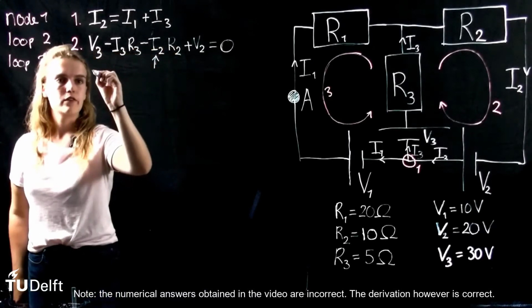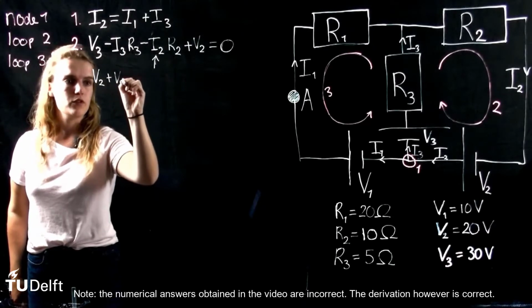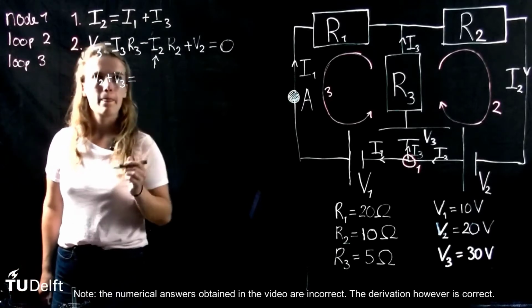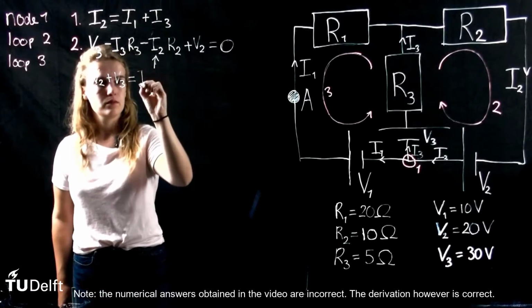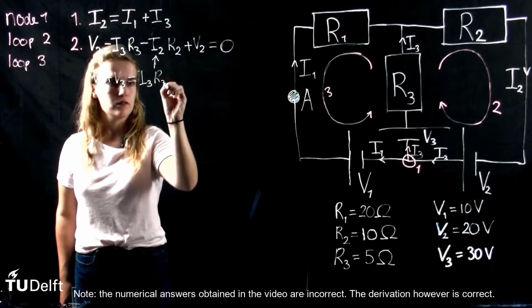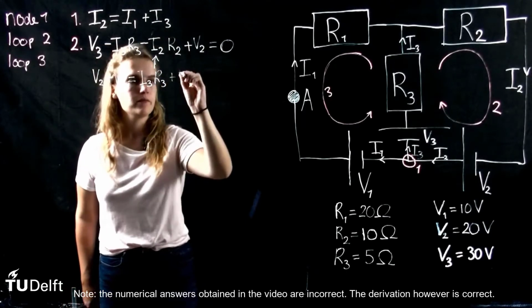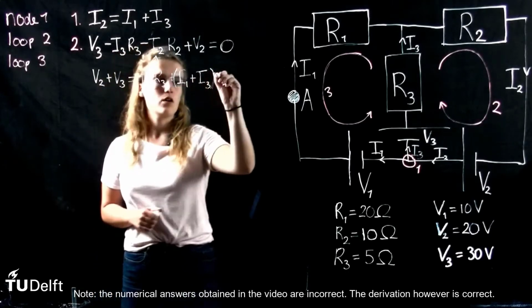So first we have V2 plus V3. And this is then equal to I3 times R3 plus I2, where we fill in I1 plus I3. And this times R2.